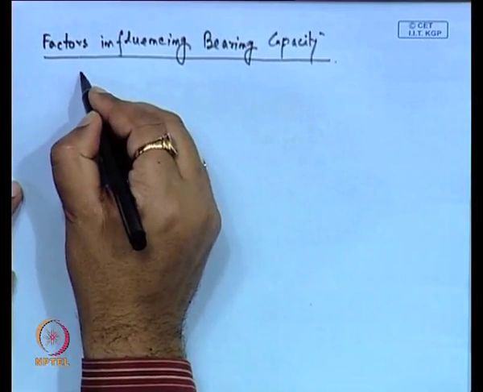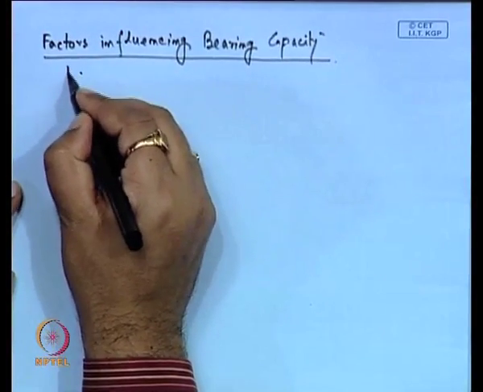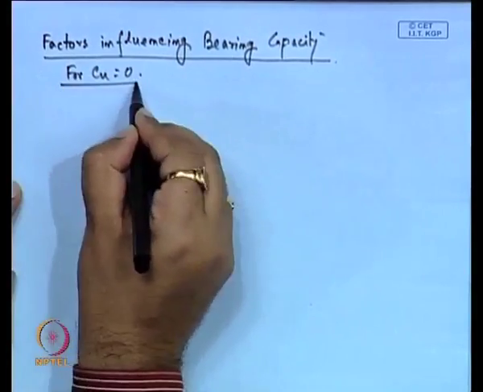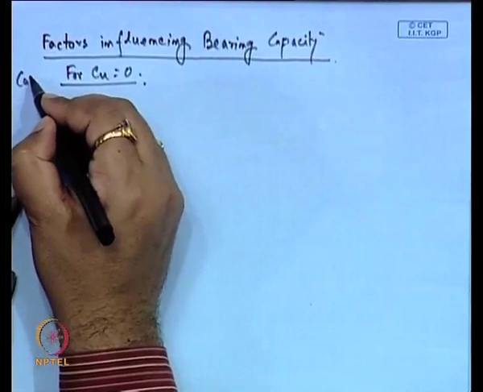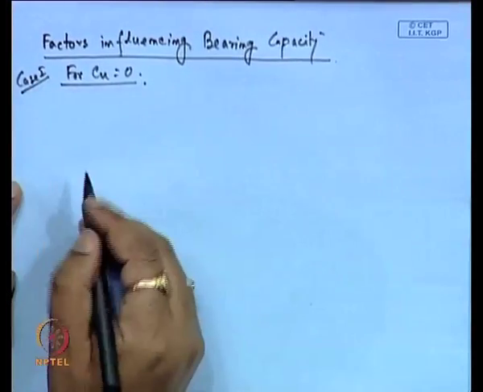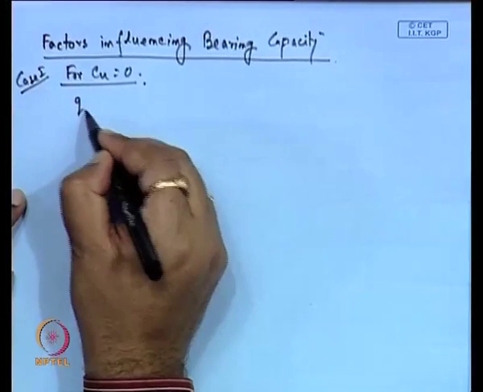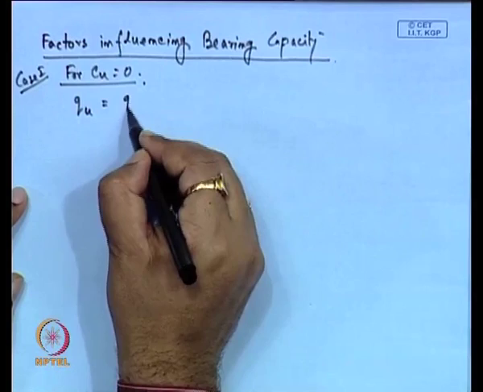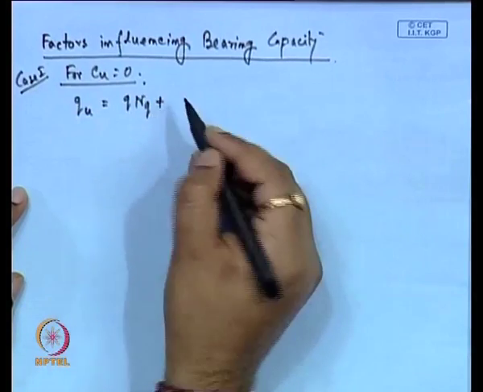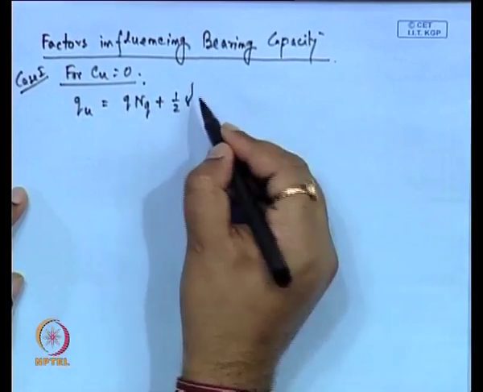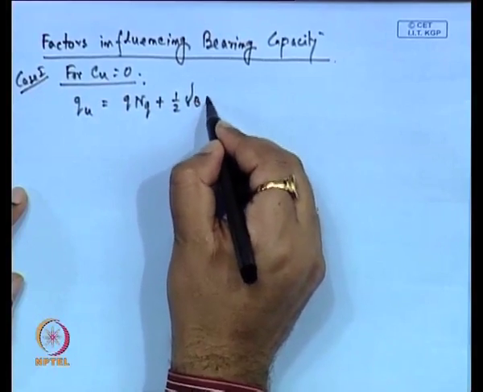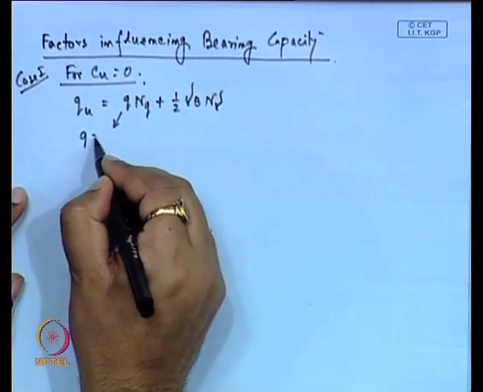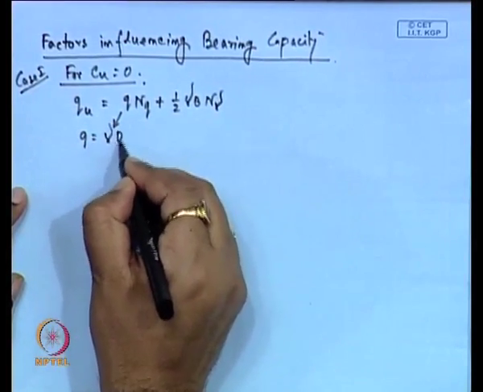Now, first case, for c equal to 0. Here we can write that the ultimate load carrying capacity, Qu, will be q into Nq plus half gamma B N gamma. Here we know q is equal to gamma Df.